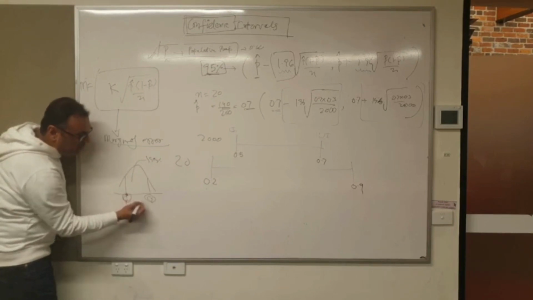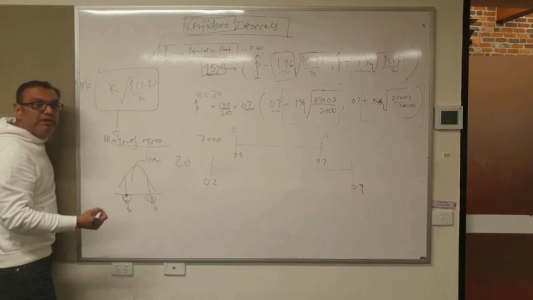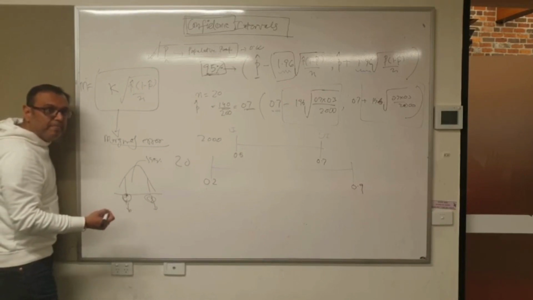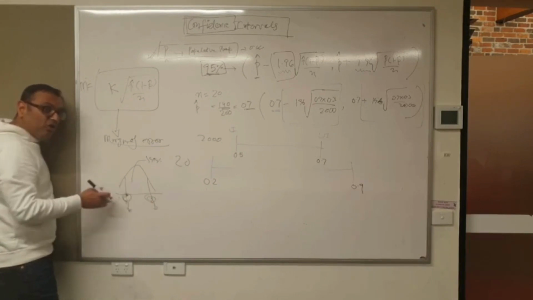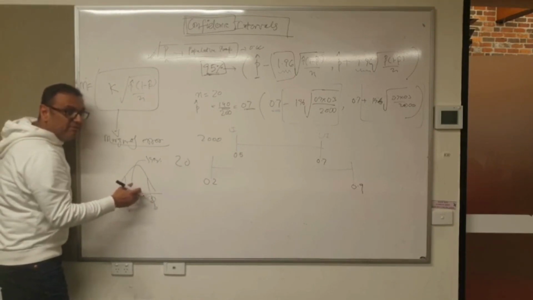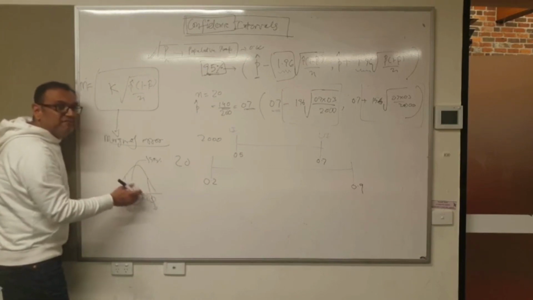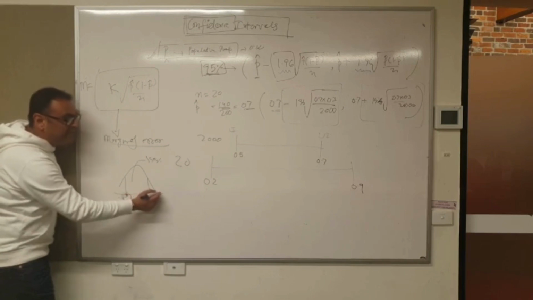So that value where your 95% starts, and that value where your 95% ends. Right? So if you find one, that will be a negative because you're going on the left of the mean, and the value which is on the right is a positive value because you're going on the right side of the mean. So these are the values on the x-axis.